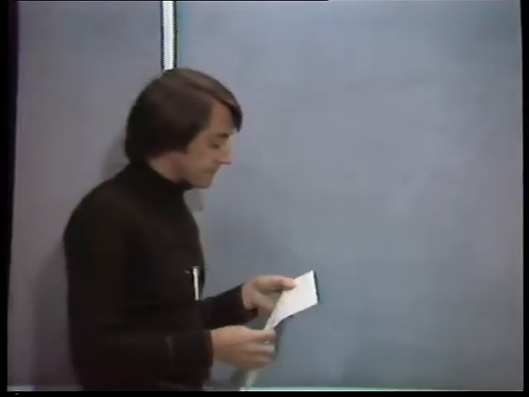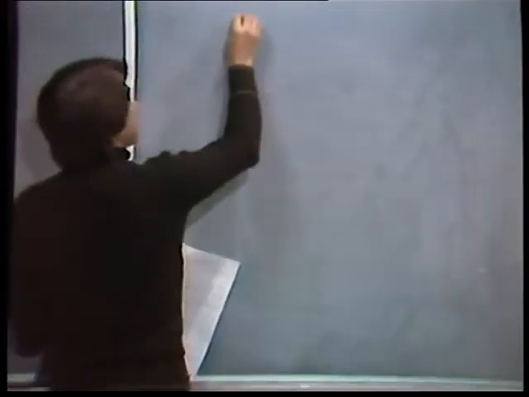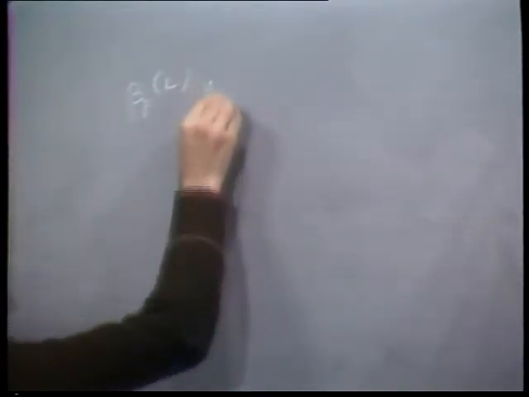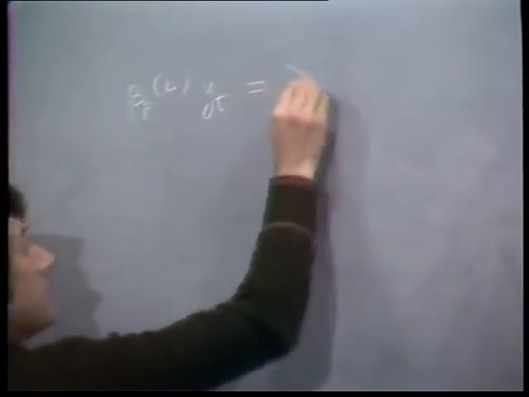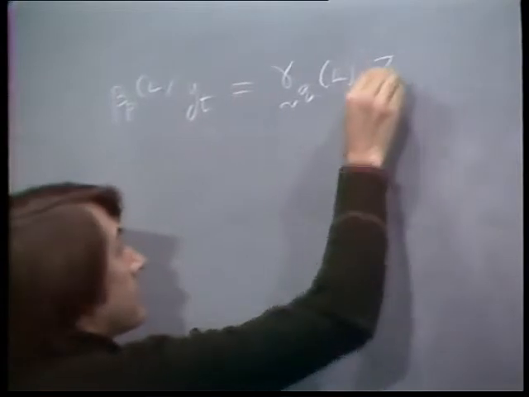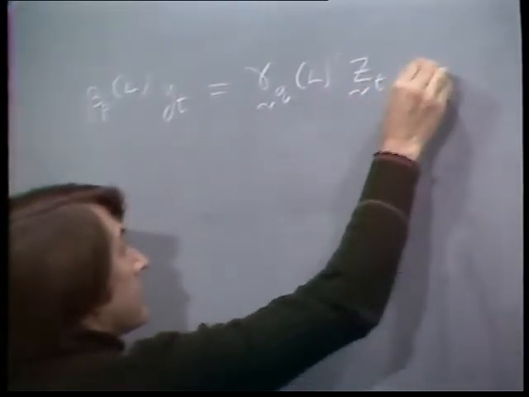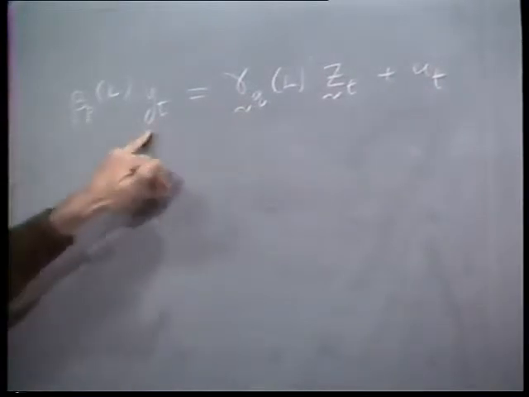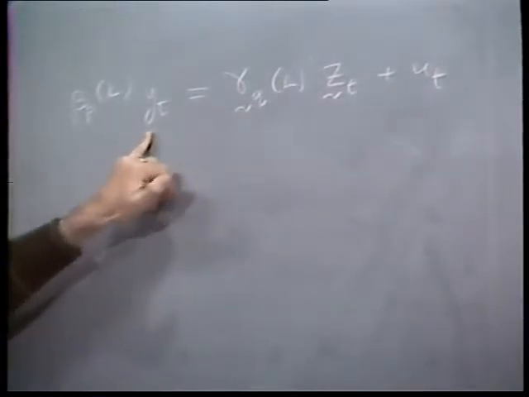So I now move on to time series applications of model selection. And the models that I want to consider have the following form. Where yt is a dependent variable.